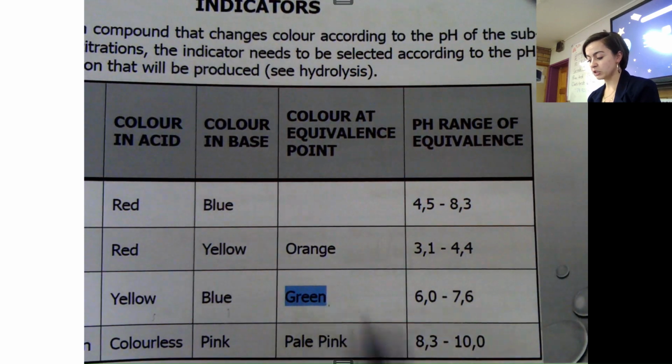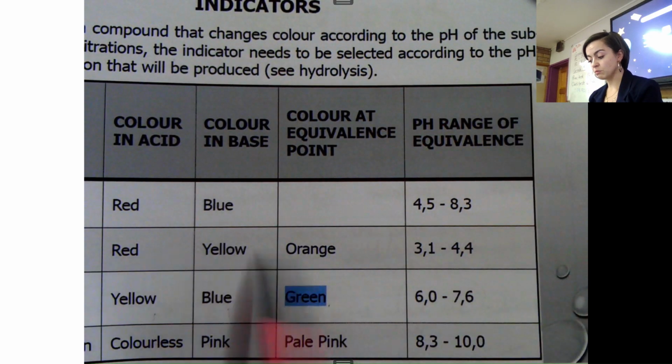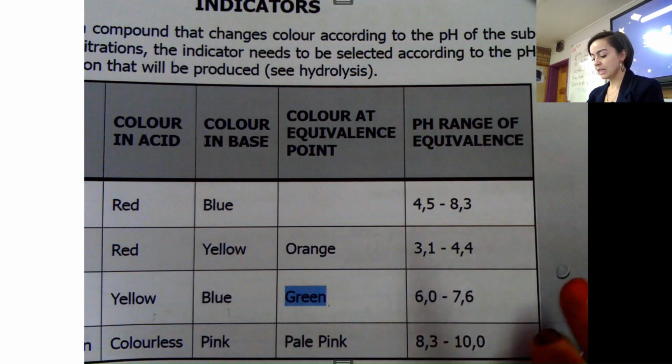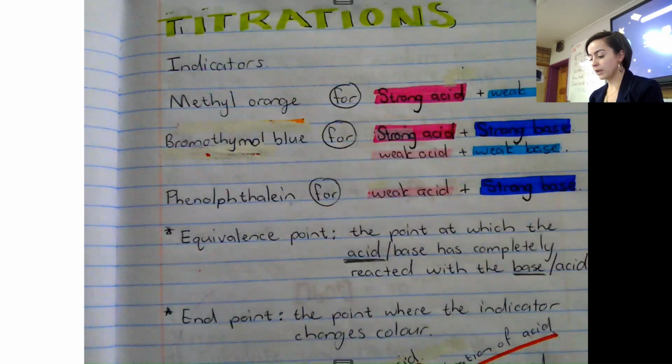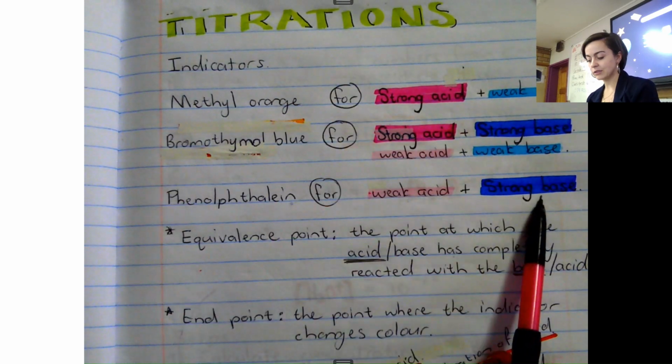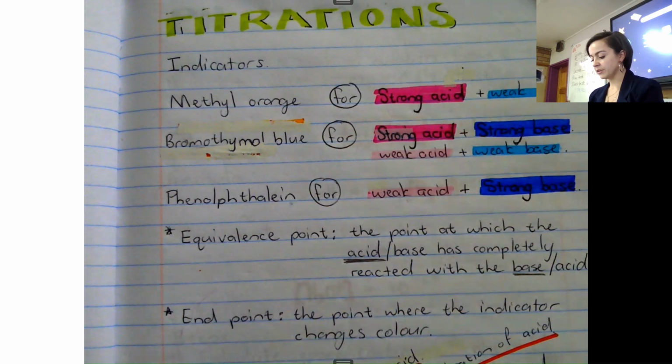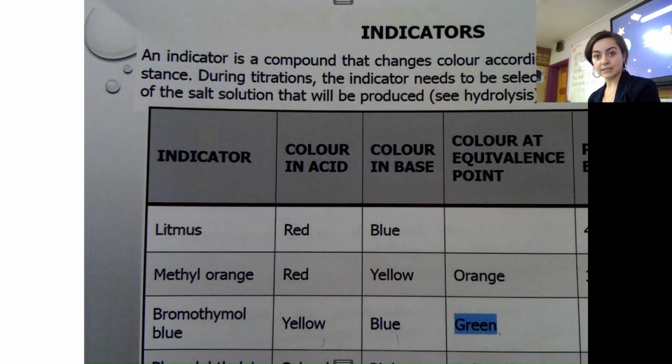And its equivalence point is a neutral pH, all right? Whereas methyl orange is a more acidic pH at its endpoint. Then, for a weak acid and a strong base, we'll use phenolphthalein. Why? Because phenolphthalein is colorless.